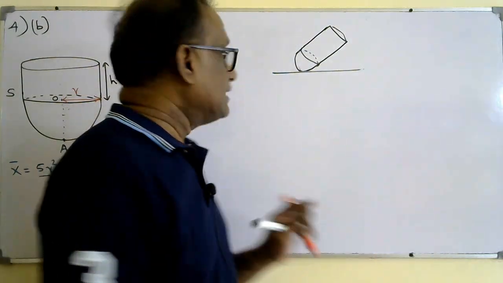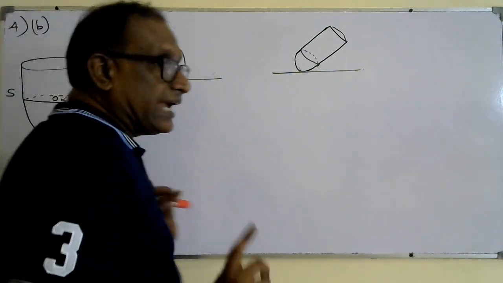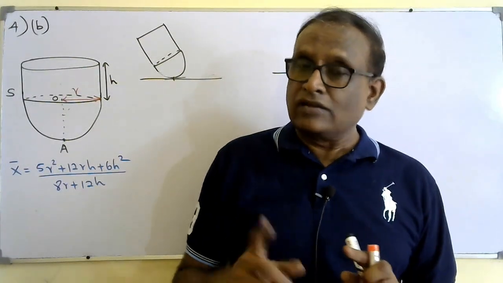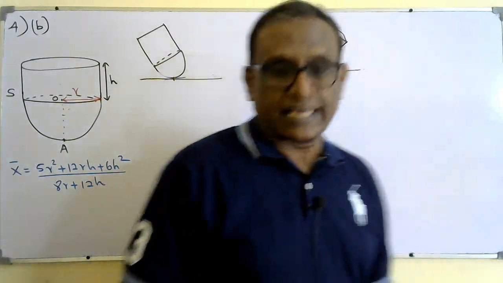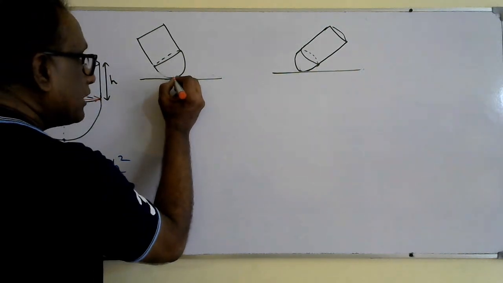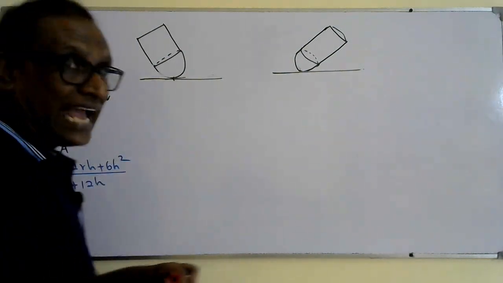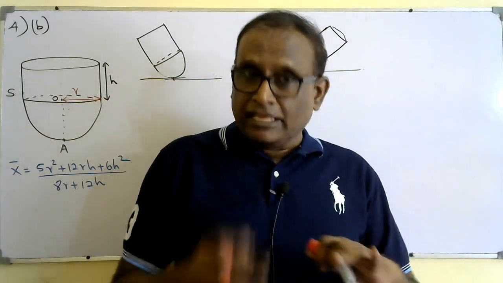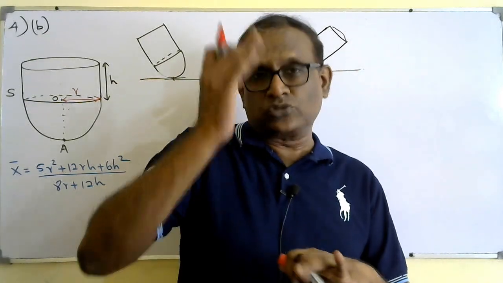But we know that this is a hemisphere, this is the tangent, and any line perpendicular to the tangent will pass through the center of the hemisphere. So the normal reaction will pass through the center wherever you keep it. If you draw a perpendicular line to the tangent to the curved part, it will pass through the center.